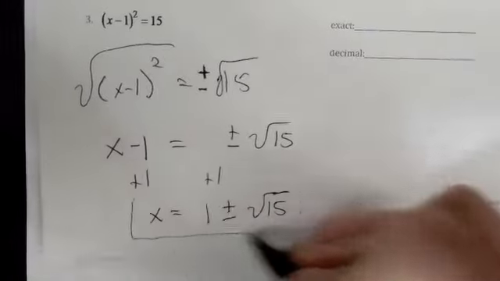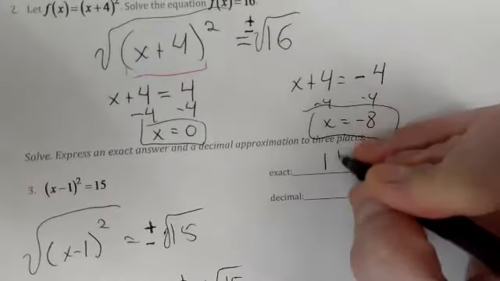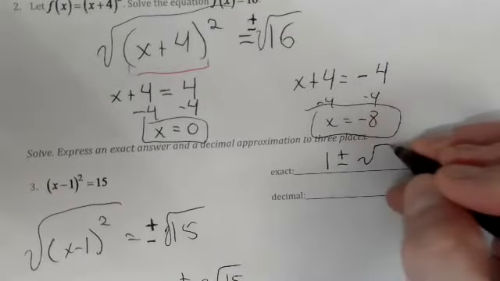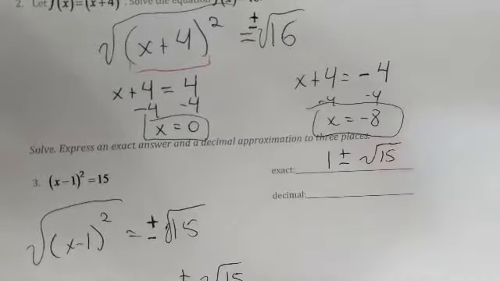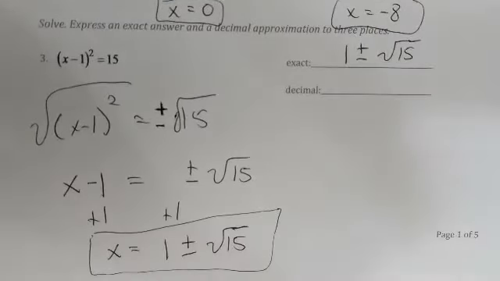And I want you to look at this. So this is our exact solution. So if they want an exact solution, and we are going to want exact solutions, we don't want you guessing these things and throwing them into your calculator, not knowing the process, right? We want you to understand this process here. So if I want an exact solution, this is the thing that they're talking about.